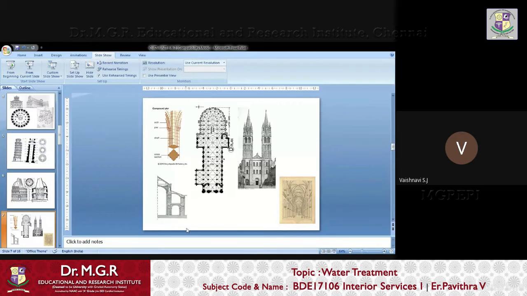One is groin, the other one is ribbed. Okay, two vaults have been used. Ribbed vault. Correct.